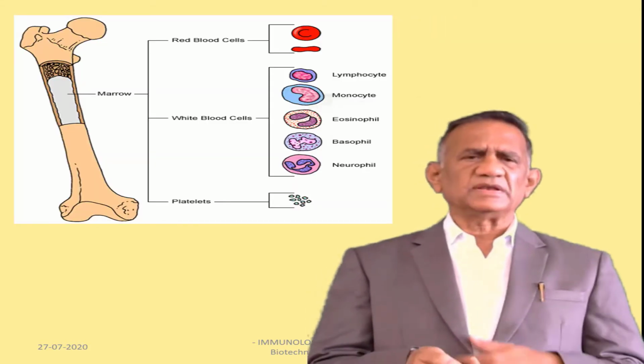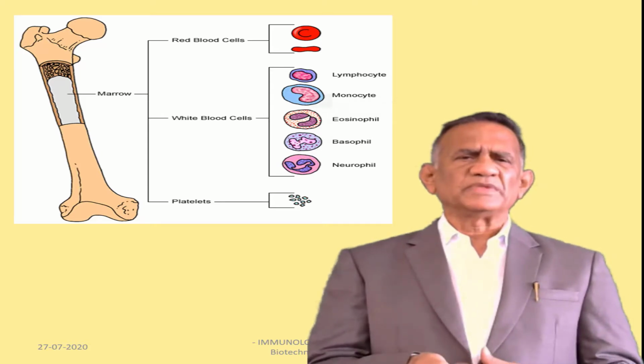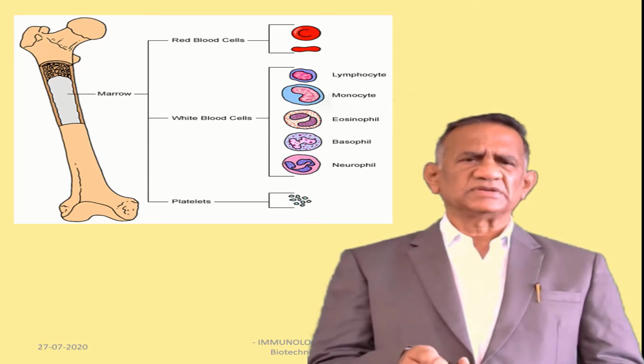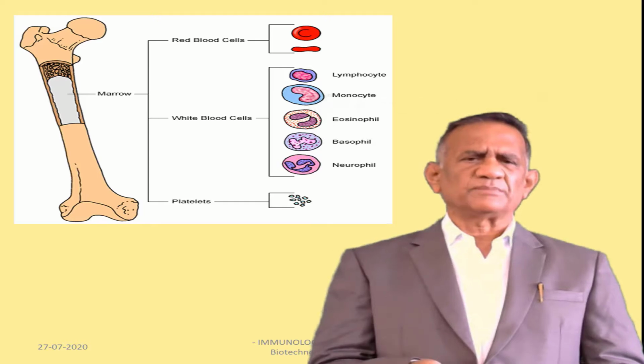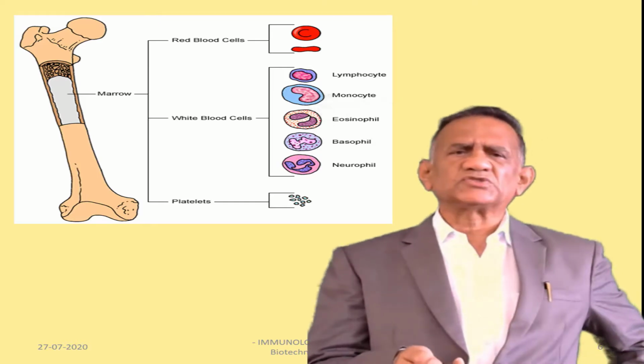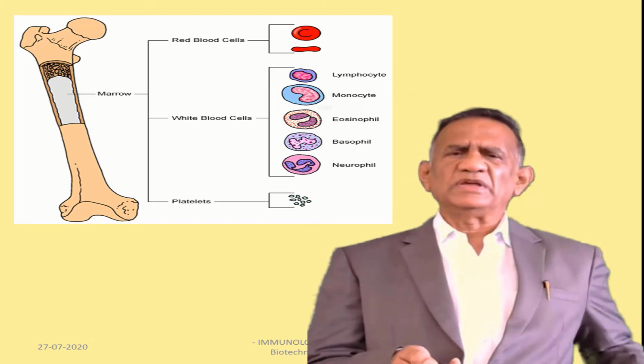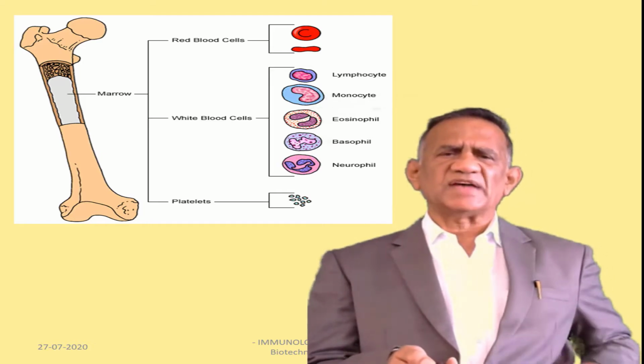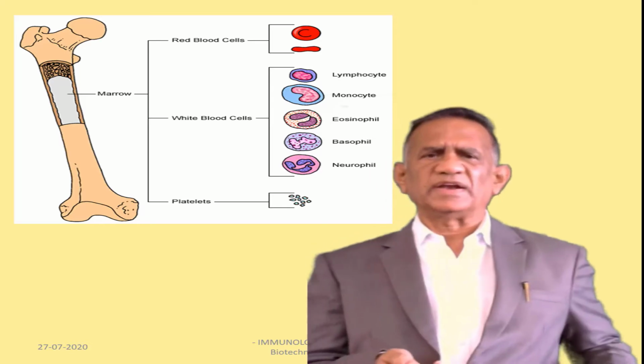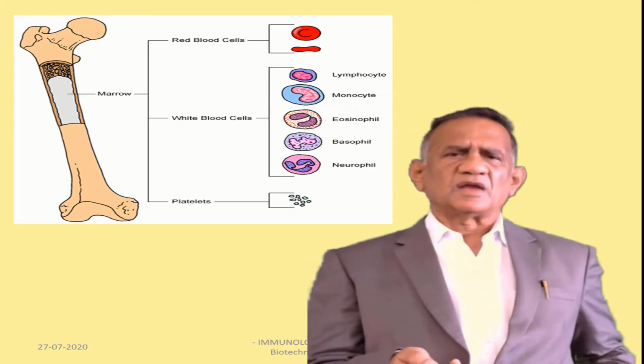They are classified as red blood cells, white blood corpuscles and platelets. Red blood cells do not have any function in the immune system. They are only for getting oxygen saturated with the hemoglobin, which is unloaded in these RBCs.